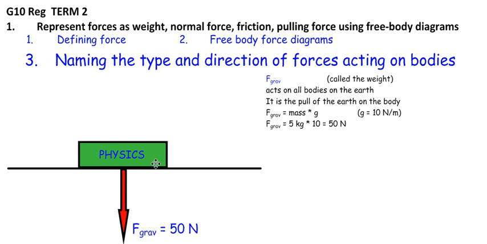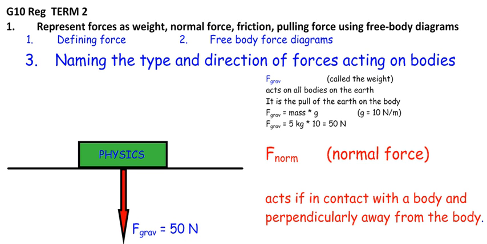If our body is in contact with another body, for example, if it's at rest on a table, then there is another type of force, which is called a normal reaction force. The second type of force is the normal force. The normal force is the force that acts only if the body is in contact with another body, and the force that acts is always perpendicularly away from the surface of contact.